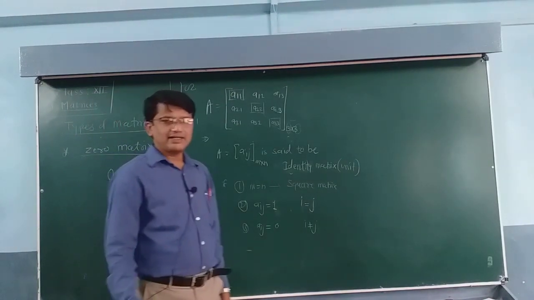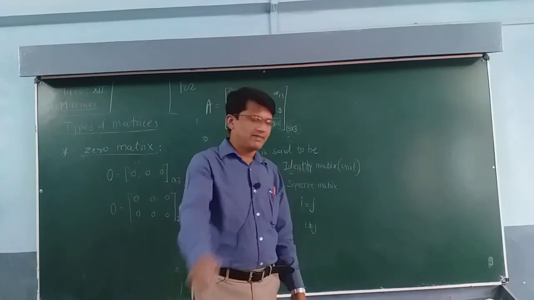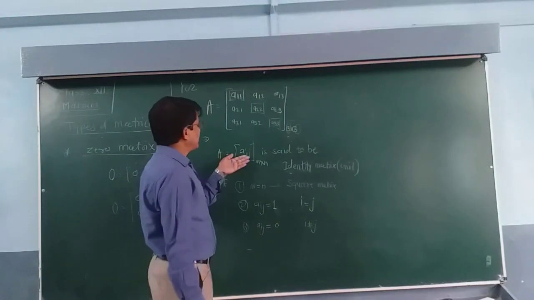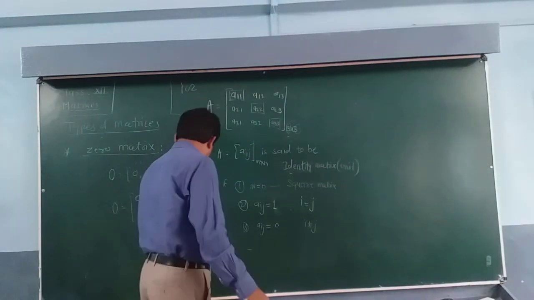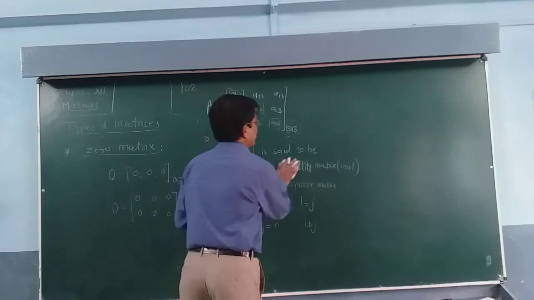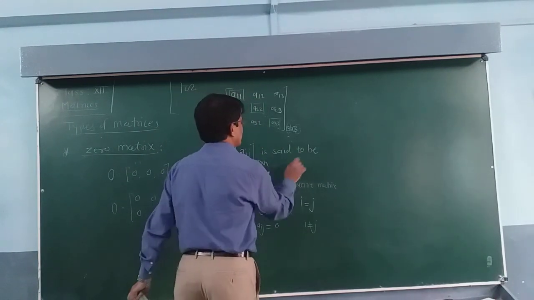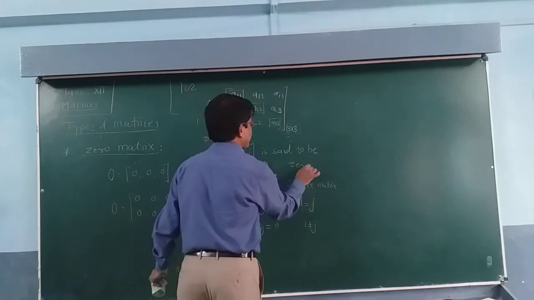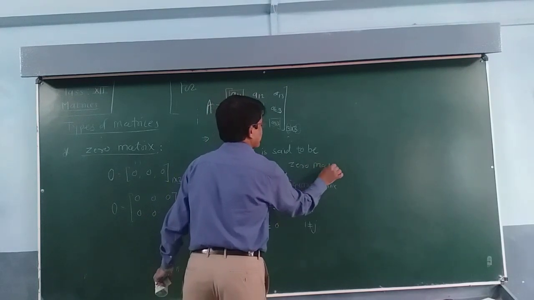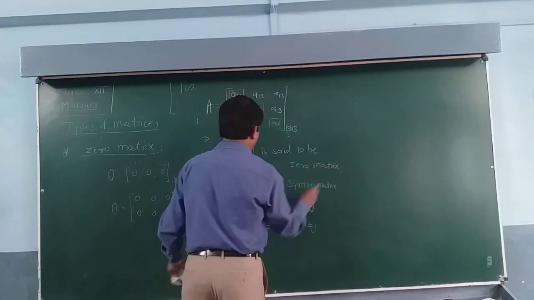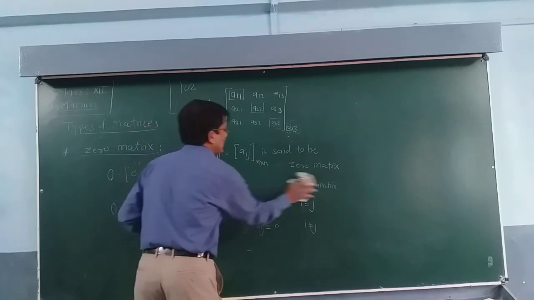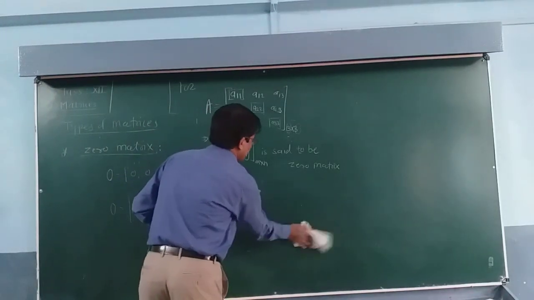A matrix is said to be a zero matrix, instead of an identity matrix, if all the elements are 0.